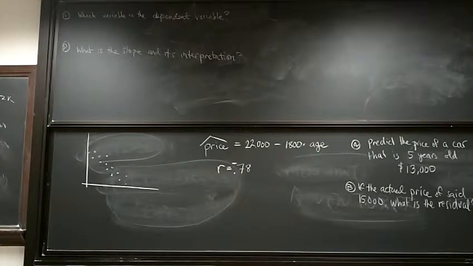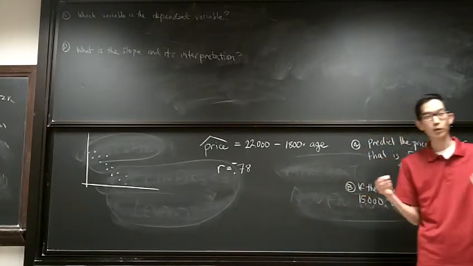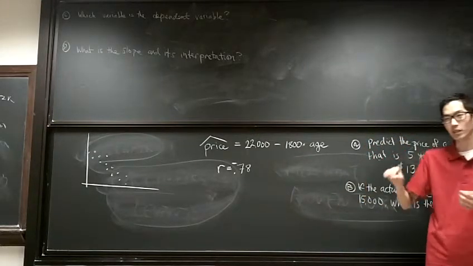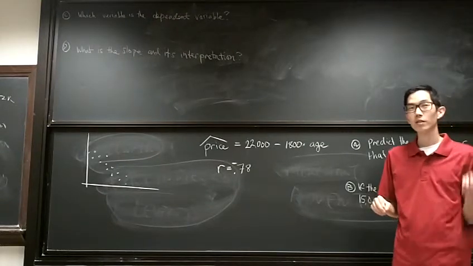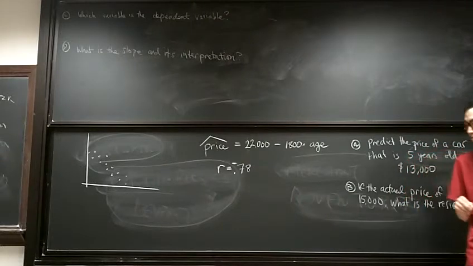I was just walking around, I saw some people with negative numbers, or just some crazy numbers. Whenever you do math, and especially statistics, there should be a moment right before you write down an answer where you say, does this even make sense?